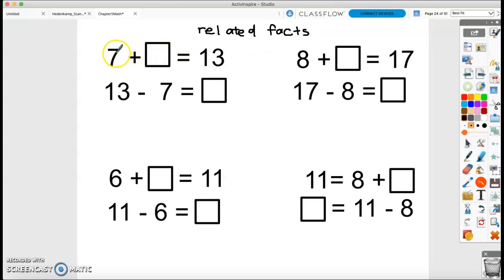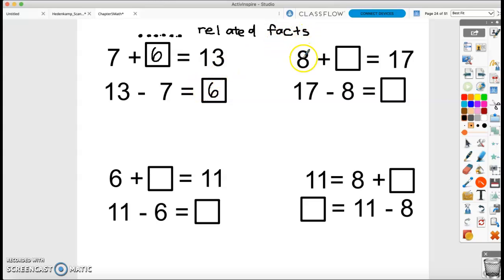So if I have 7 and I need to get to 13, I'm going to go 7, 8, 9, 10, 11, 12, 13. So I have 1, 2, 3, 4, 5, 6. So if I start with 7, I need 6 more to get to 13. So 13 minus 7 equals 6.